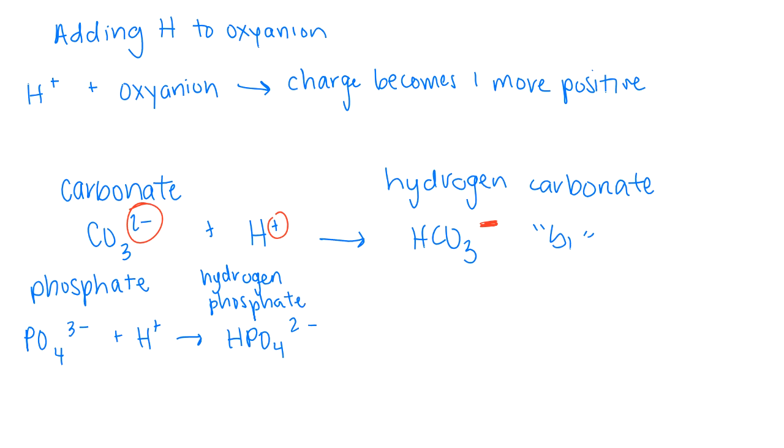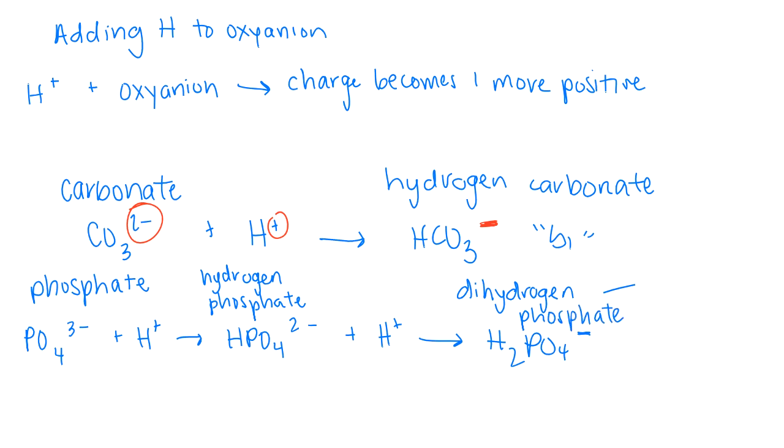So if we add another hydrogen to it, then now we're going to have H2PO4, and again our charge is going to become one more positive, so now it's a -1 charge. And when we have two hydrogens, we call it dihydrogen phosphate.